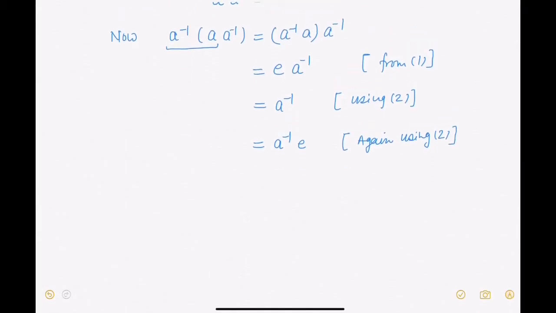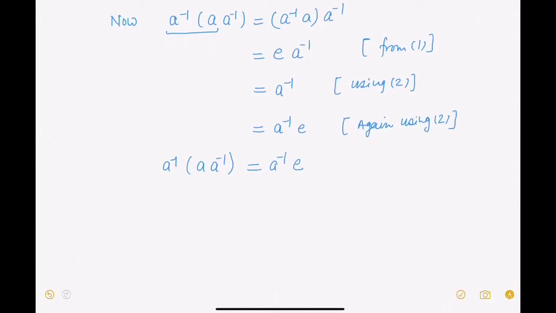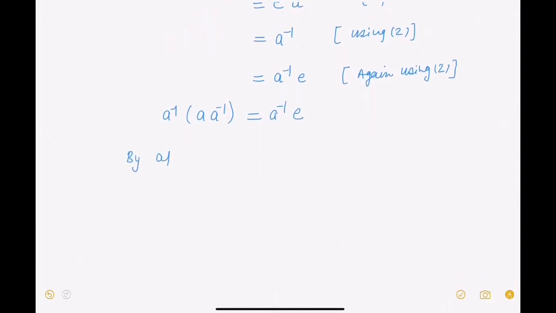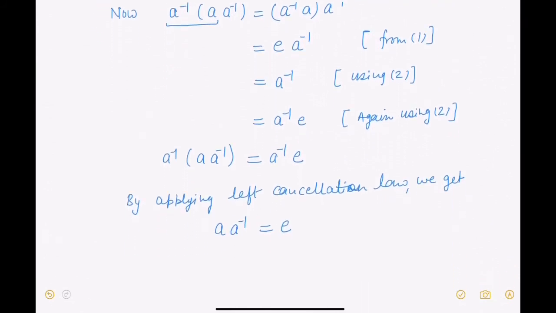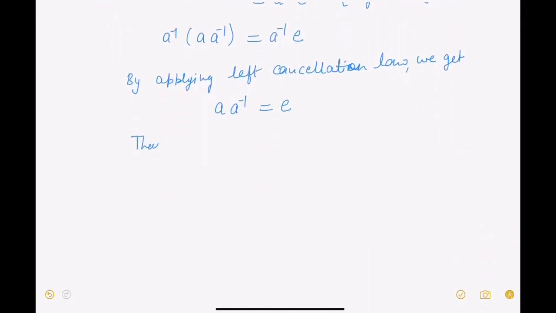So we have A inverse operated on A inverse gives us A inverse E. Now by applying the left cancellation law, we get A inverse equal to E, which is 3. That is, 3 holds.